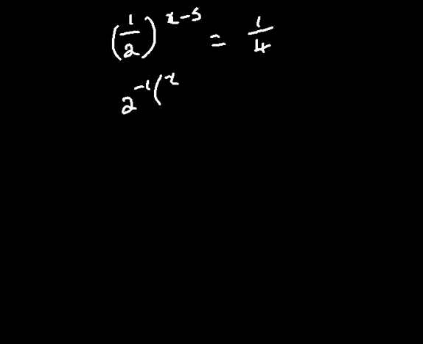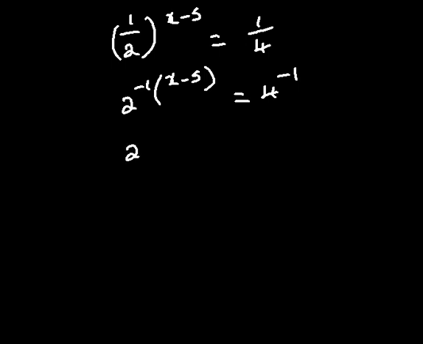And even if we have, let's say, 1 over 2 to the power x minus 5 equal to 1 over 4, using the laws of indices this is the same as 2 to the power negative 1, to the power x minus 5, equal to 4 to the power negative 1.